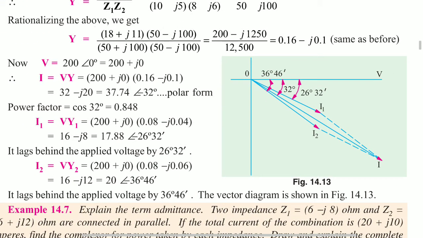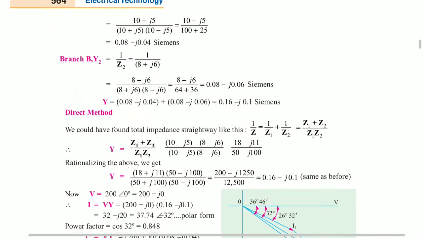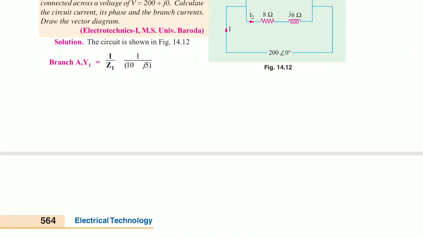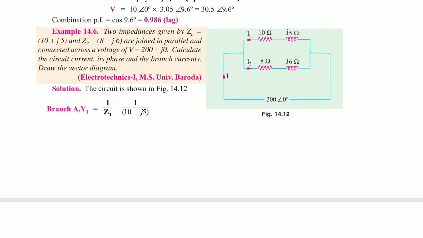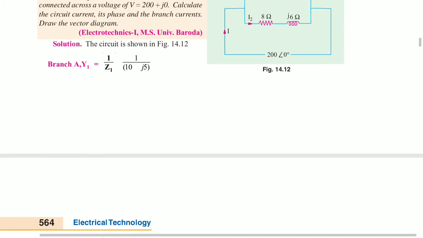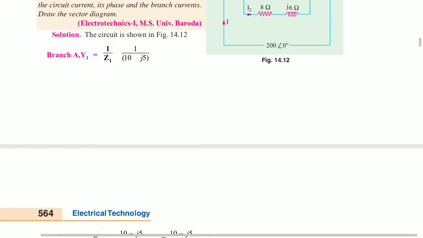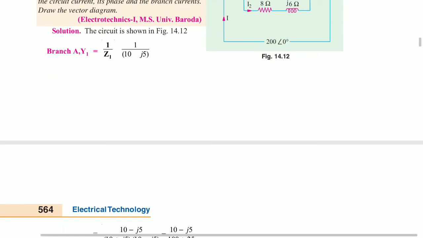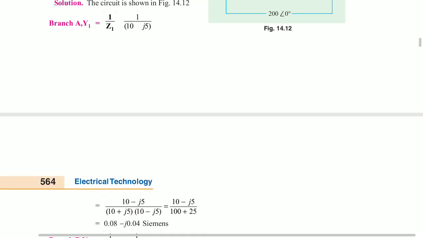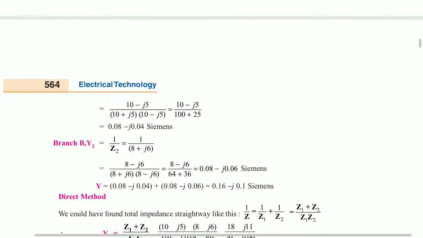What is given, once again I will repeat here. In this circuit, Z1, Z2 and the voltage are given. So we can calculate Y1 from the branch 1 impedance. Reciprocal of impedance is nothing but admittance. So Y1 is equal to 1 by Z1, that gives the Y1 value, and Y2 is equal to 1 by Z2.